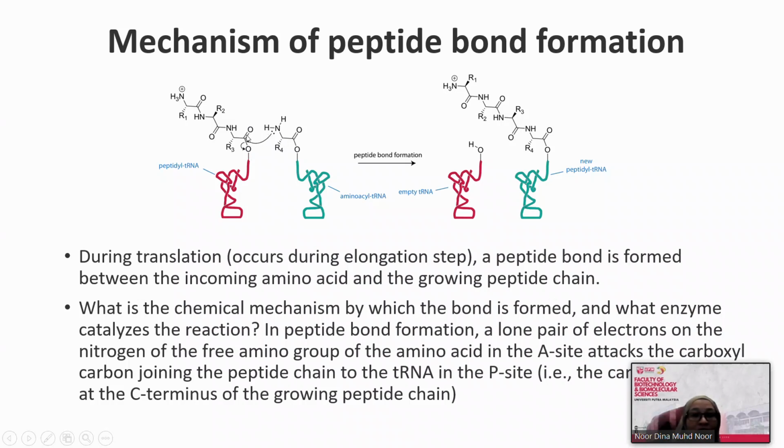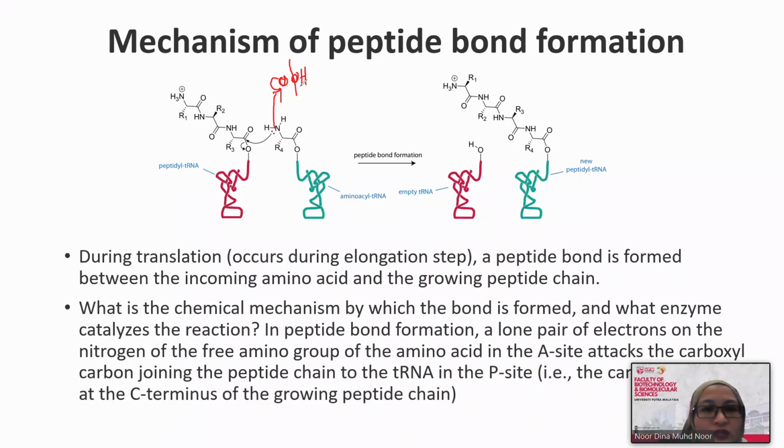Then another proton is pulled from the hydrogen of this amino group. Since we have COOH, the N over here is going to attack the carboxyl group, and it will push the OH away.